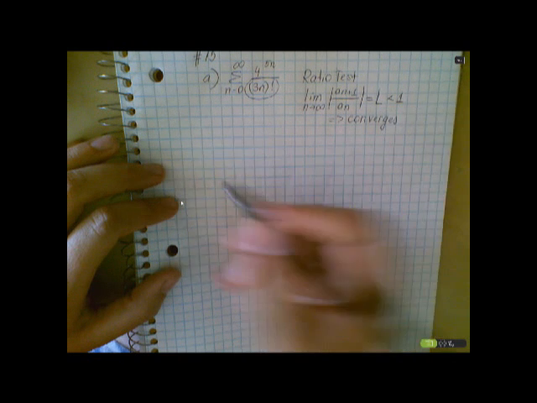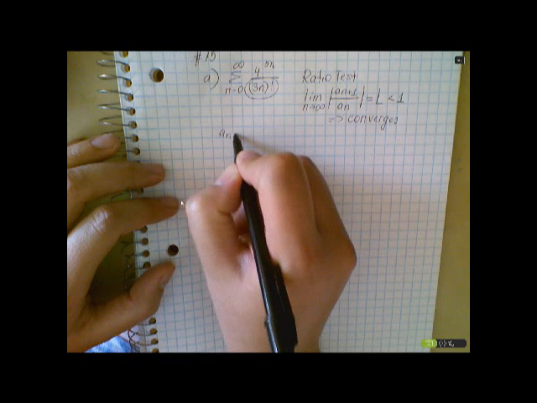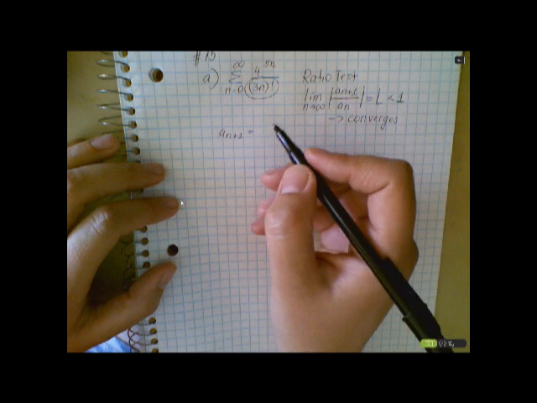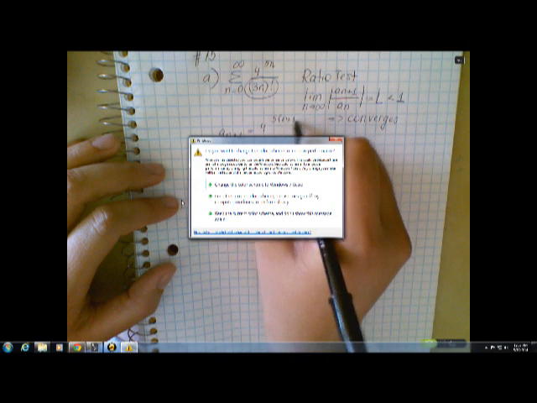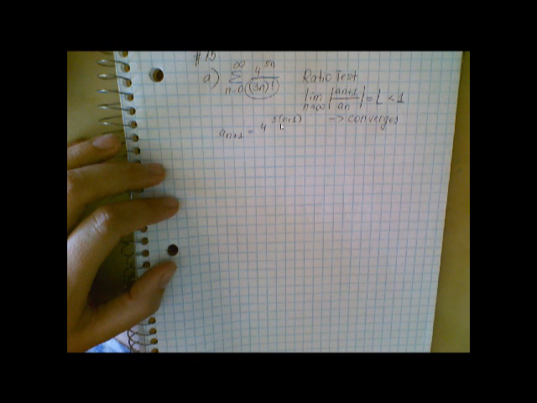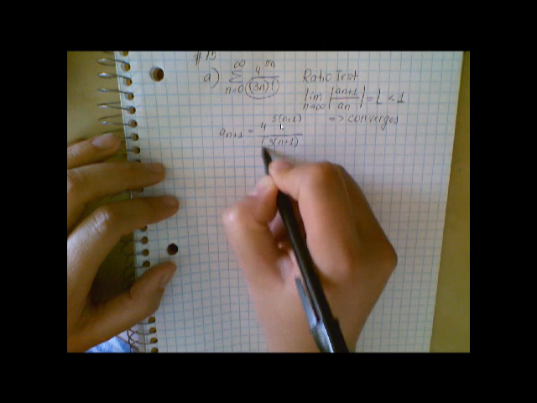So this is what I need to do, right? In my case, what is a sub n plus 1? Replace every n with n plus 1. So I get 4 to the power of 5 times n plus 1 over 3 times n plus 1 factorial.